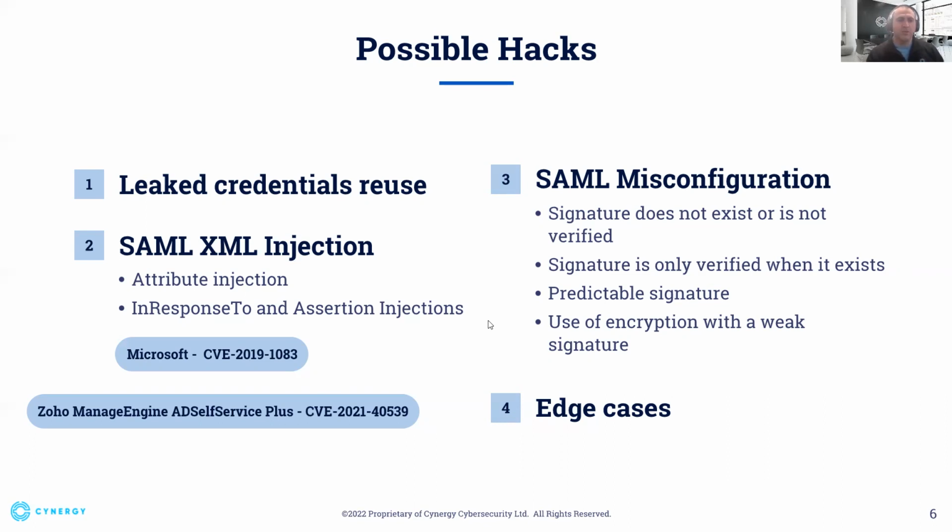By the way, there are two recent CVEs of authentication bypass associated to SSO hacks. One is the Microsoft authentication bypass, and the recent one is the Zoho ManageEngine authentication bypass that transformed into a remote code execution. So it's super interesting to understand how they were done.